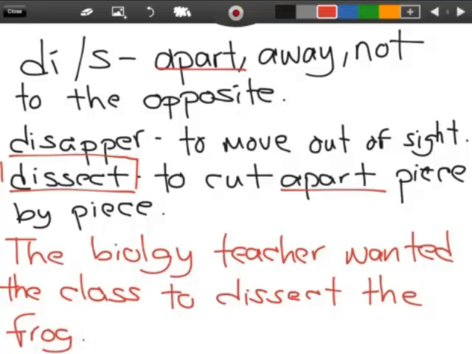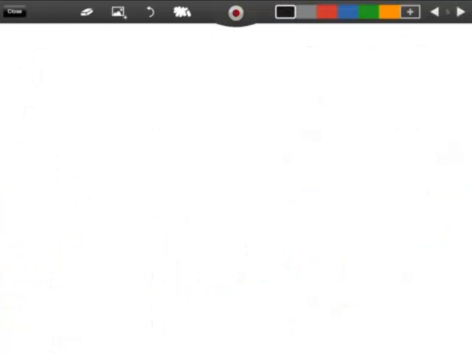Right. Moving on to our next root, which is dia. This is a commonly used root, so after I write the meaning, I'm going to underline it.